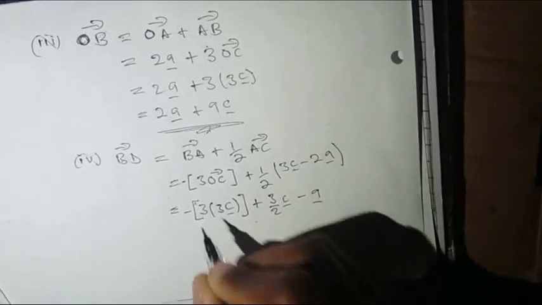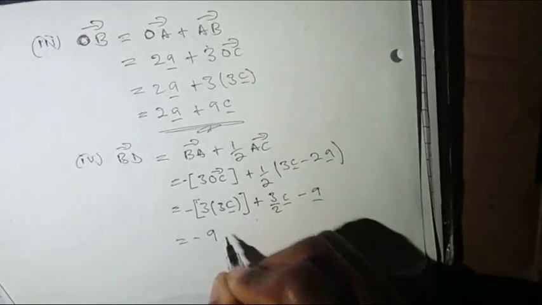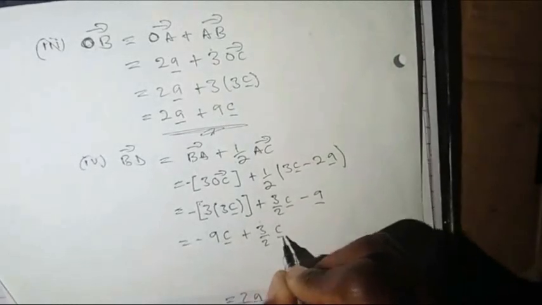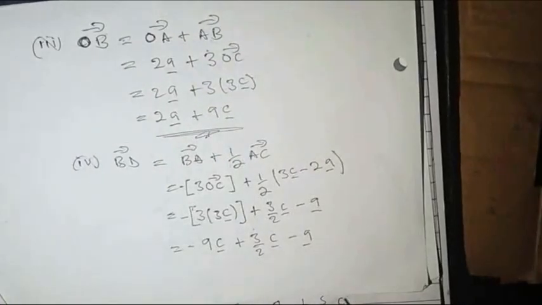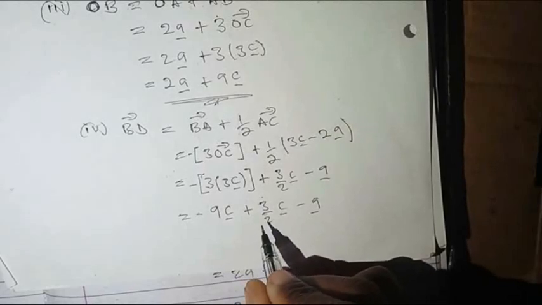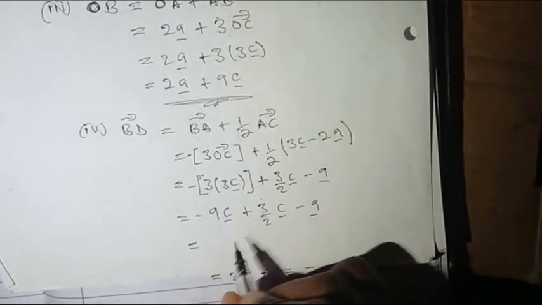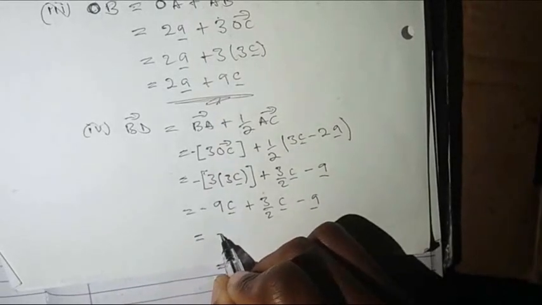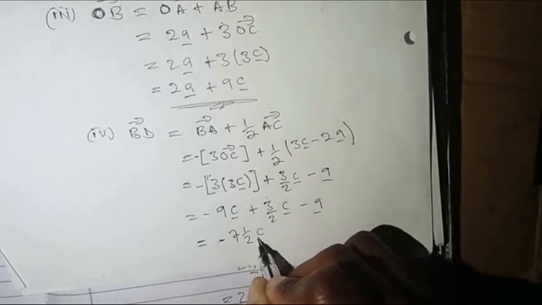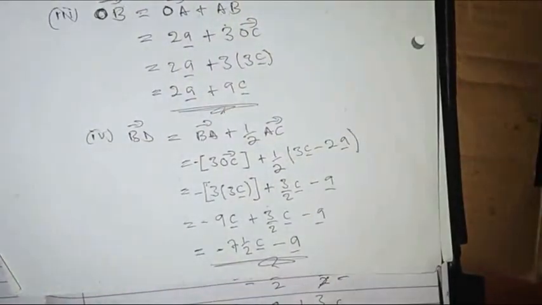So this will result in minus 9c plus 3 over 2c minus a. After doing that, when we add this, if you want you can end here, but you can further simplify it, and it will be negative 7.5 of c minus a. So that's the end of our problem.